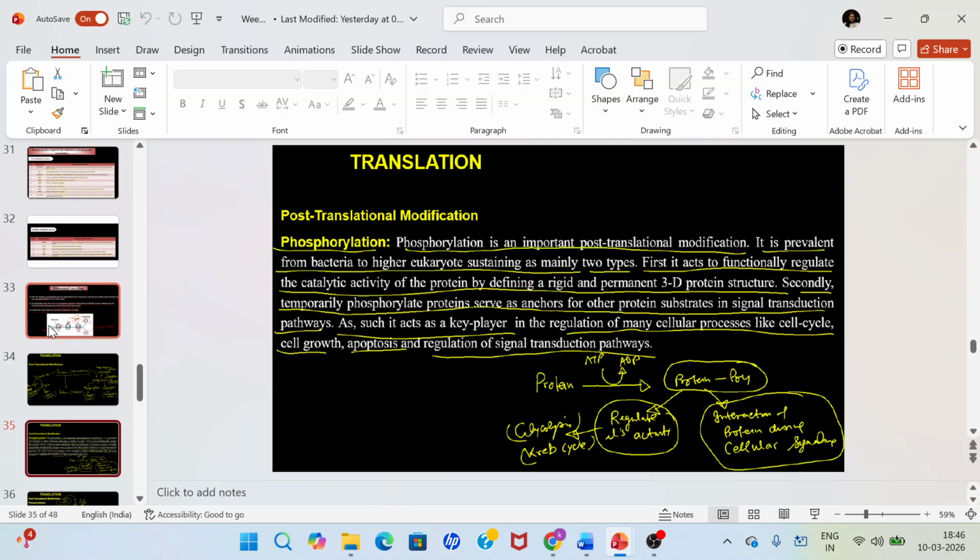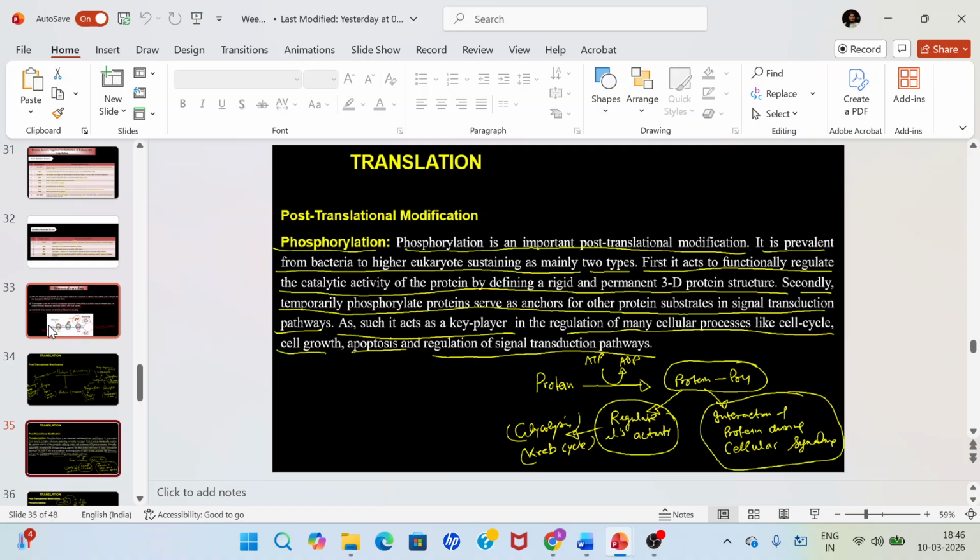Secondly, temporarily phosphorylated proteins serve as anchors for other protein substrates in signal transduction pathways. As such, it acts as a key keeper in the regulation of many cellular processes like cell cycle, cell growth, apoptosis, and regulation of signal transduction pathways.